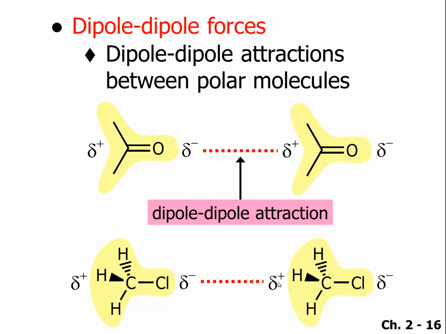Our next type of interaction is going to be the hydrogen bonding. These are dipole-dipole interactions between hydrogen atoms bonded to small, strongly electronegative atoms, such as oxygen, nitrogen, or fluorine, and non-bonding electron pairs on other electronegative atoms, which can result in these hydrogen bonds.